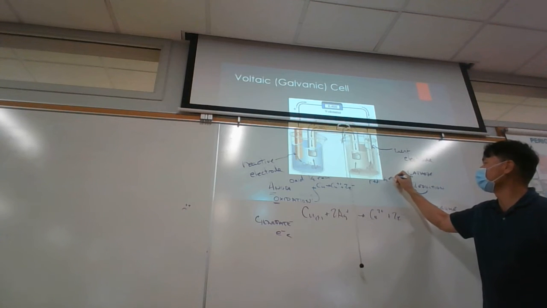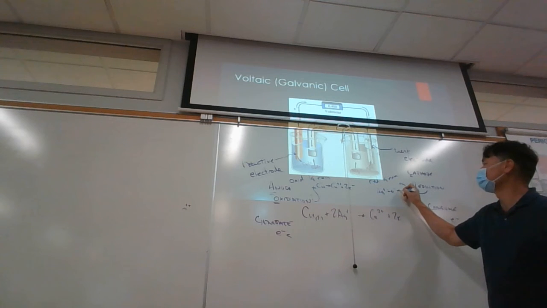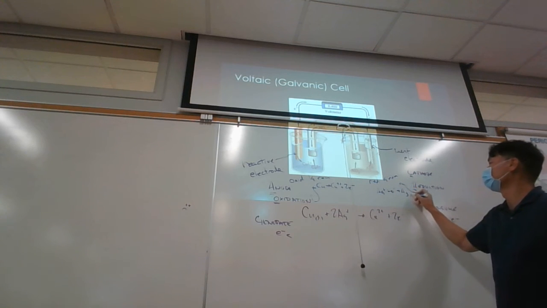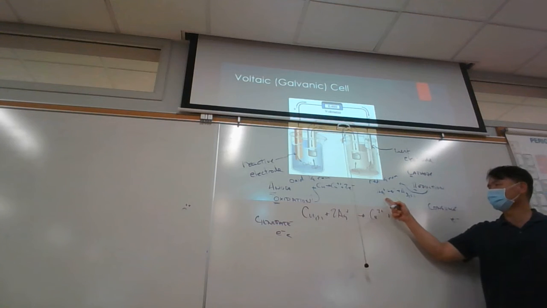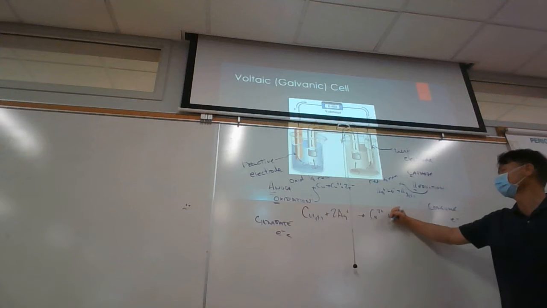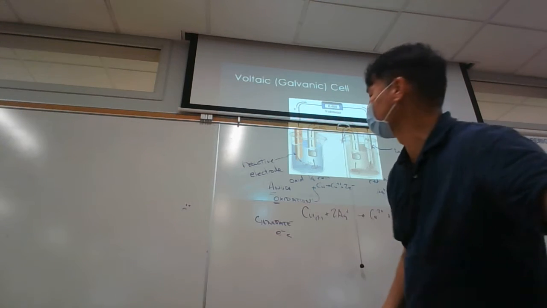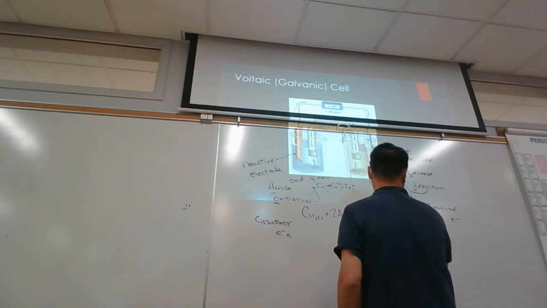The reduction half reaction is silver ions gain an electron to form silver metal. Now to balance this, we'll need 2 silver ions for every copper. And so this is the balanced net reaction. Whoops, I made a mistake. This should be plus 2 silver metals, sorry. Plus 2 silver metals.